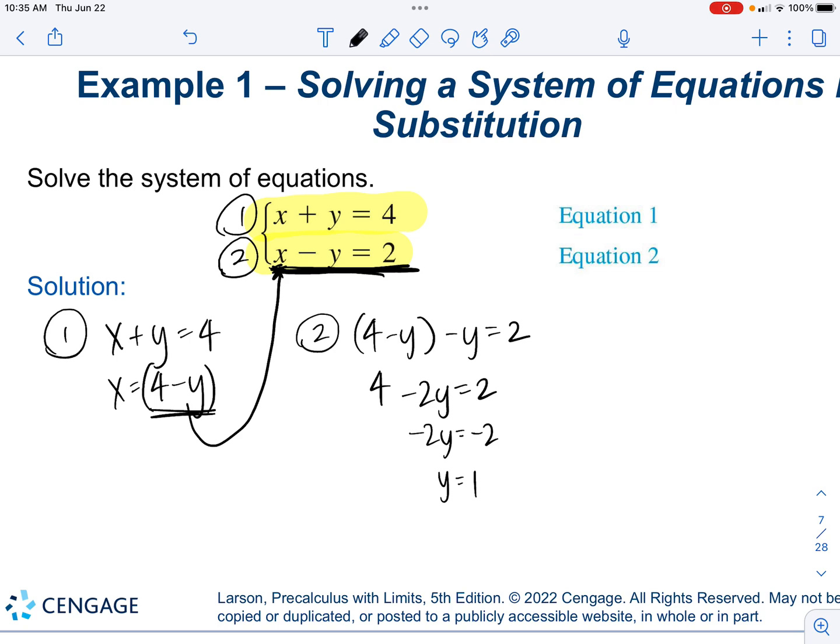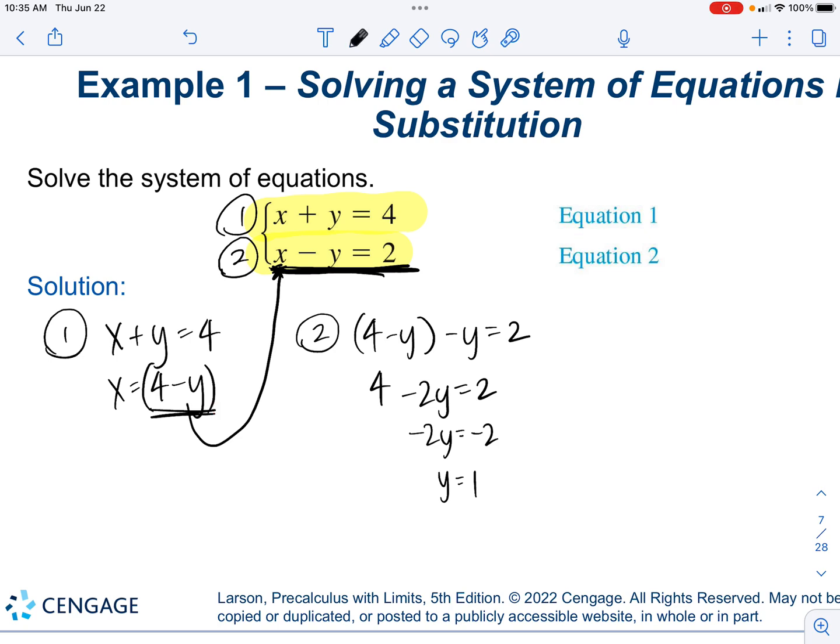Now I already said that you do need to solve for x and y, and so here I have one y value and I need to get my x value. I'm going to go ahead and look back at this first thing I did, and I have this equation x equals 4 minus y, so I'm going to plug in 1 for y there. You're actually able to plug it into original equation number 1, original equation number 2, or your new equation number 1, which is after you rearranged it.